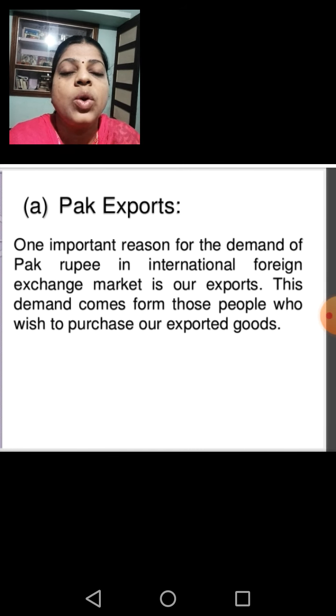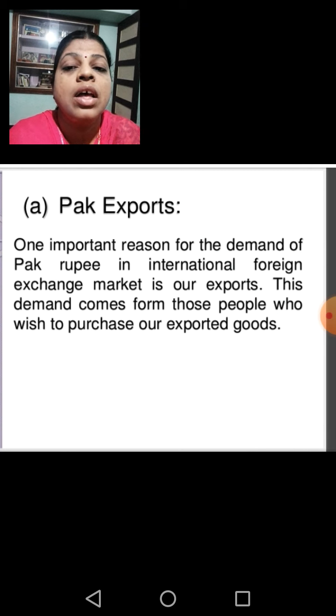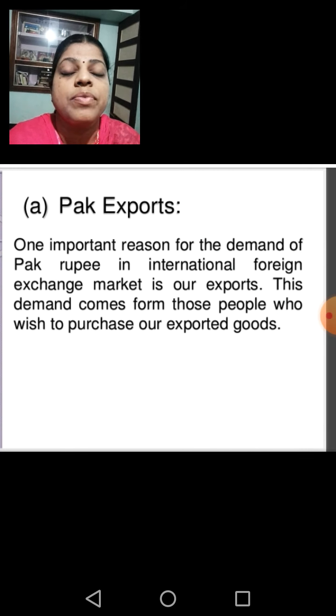So children, as I told you, not only our country, all other countries are not self-reliant in any aspect. So for one thing or another, they have to depend on our country or other countries for some commodities. So here Pakistan's exports means their demand for our goods.